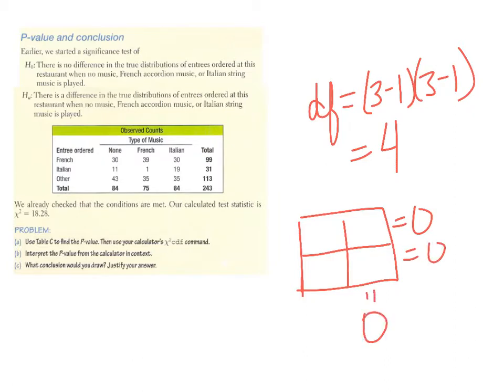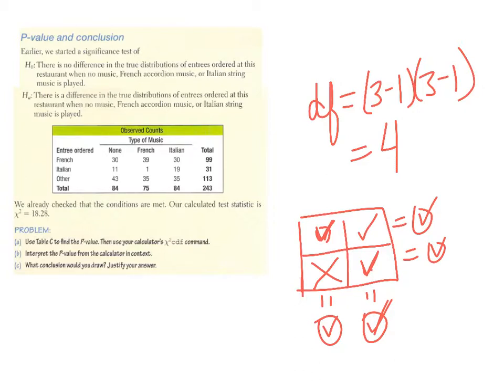I could put whatever I wanted here and here and here. But once I had filled 3 of the spots, this one here is fixed, right? It cannot vary. I don't have any freedom in that one. So I had 4 options, but only 3 of them can vary.